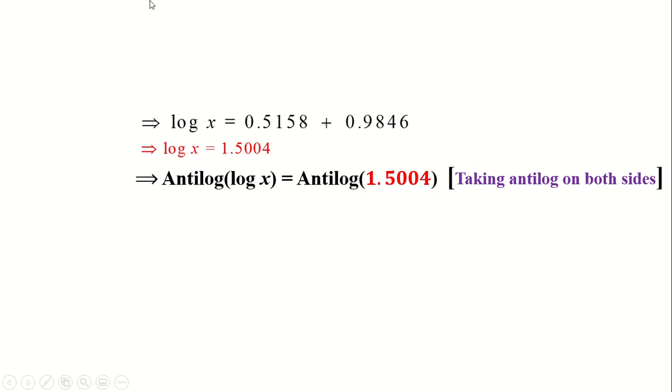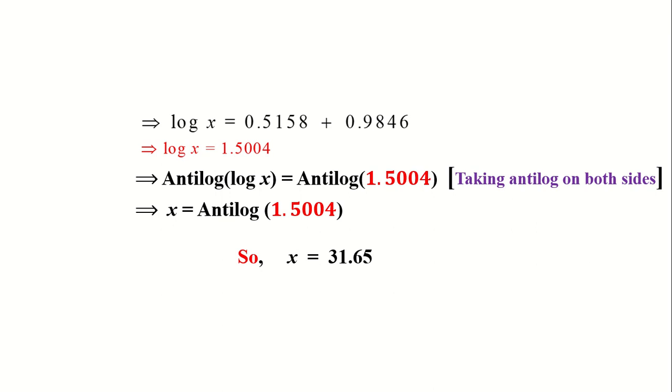Using the law that log and anti-log cancel each other, we get the next step as x is equal to anti-log of 1.5004. Using calculator, we write the value of x as 31.65. Taking anti-log of 1.5004, the value of x becomes 31.65, which is the required answer.